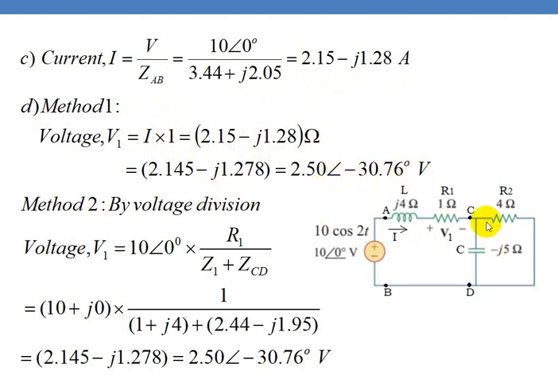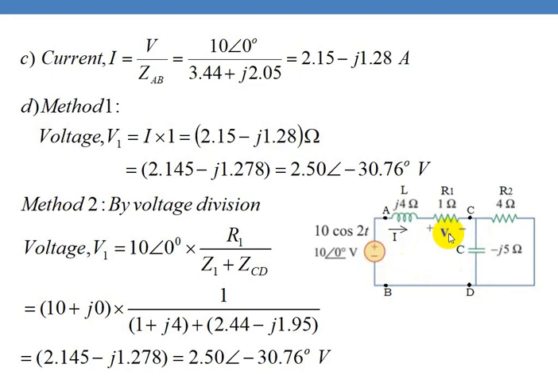Method 2: you already know ZCD, the equivalent impedance here. Along with it we have an inductance and a resistance, so there will be three elements. Now you apply voltage division.